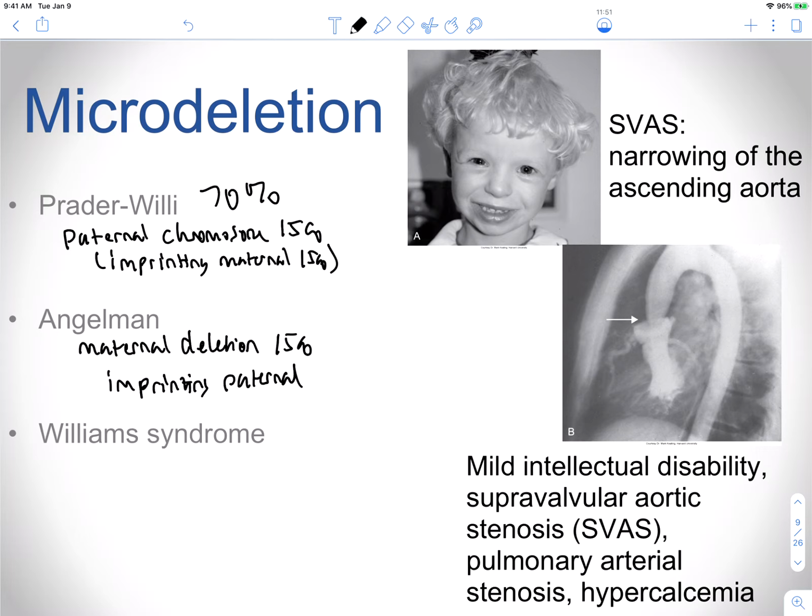Also, Williams syndrome is a microdeletion with the elastin gene. So this is the ELN, or elastin gene. And also another gene, LIMK1, which is a brain-expressed kinase.